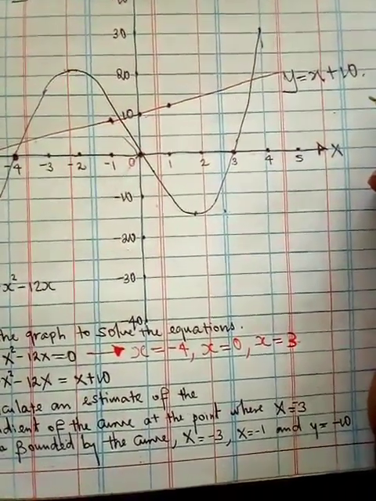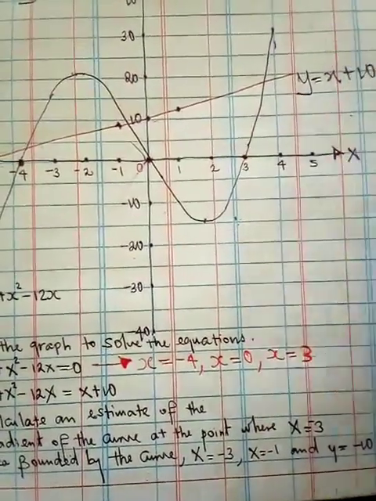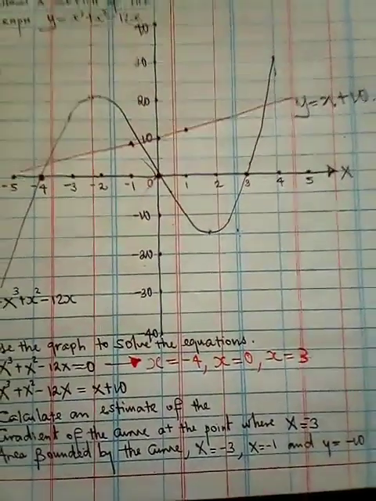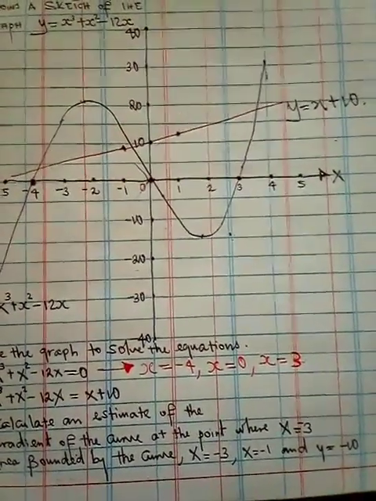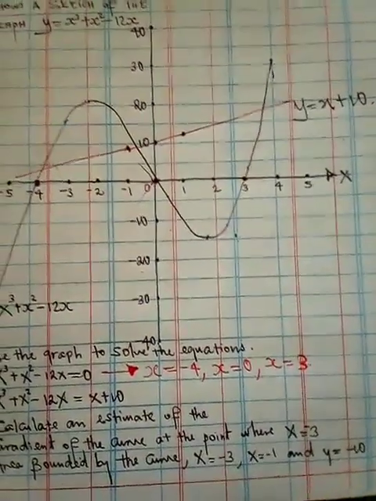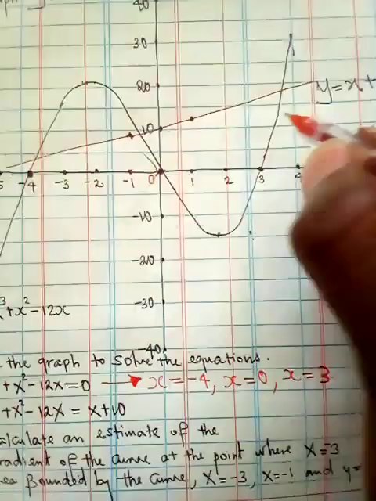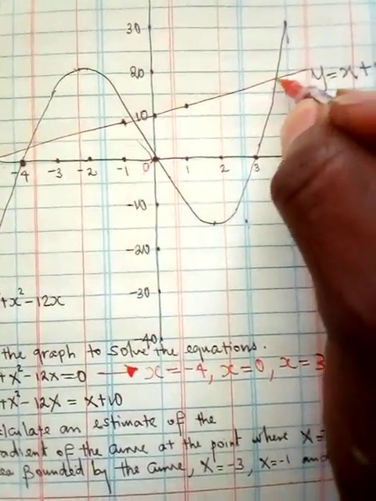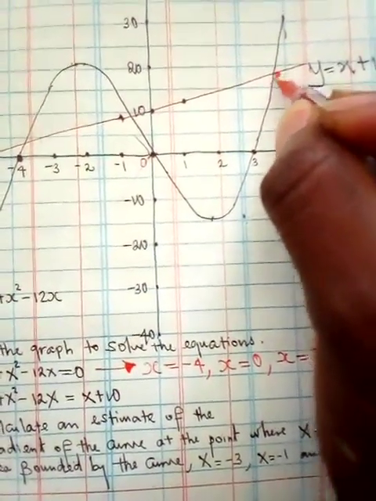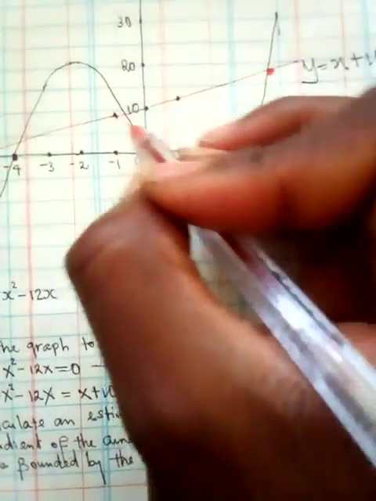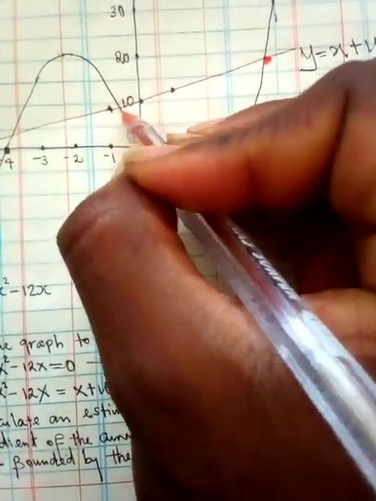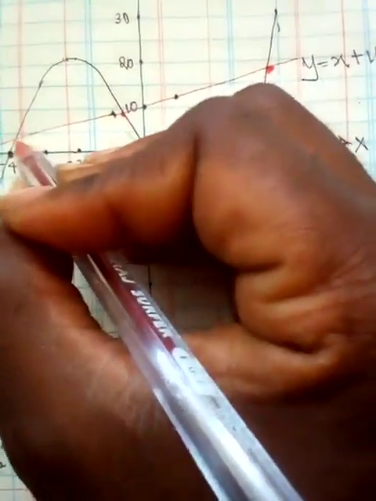Once we do that, just see now where that line is meeting with your graph. They are meeting at this point here and also there.